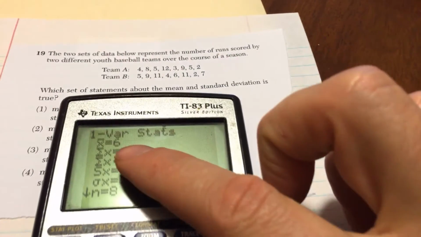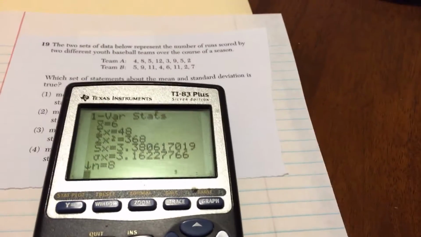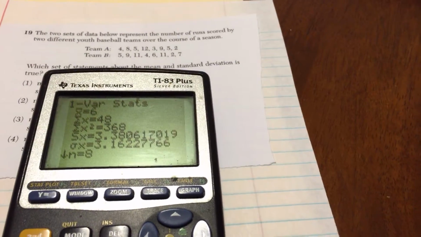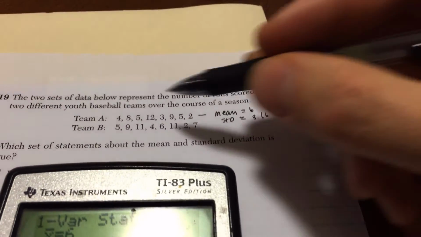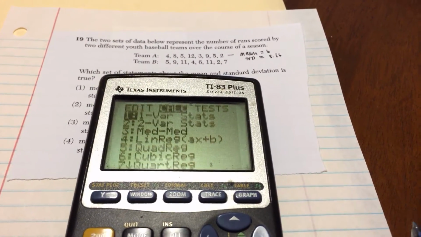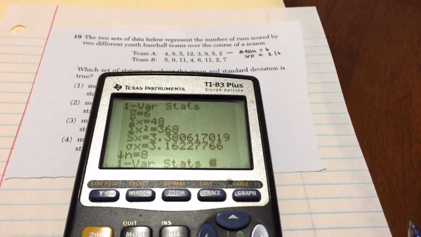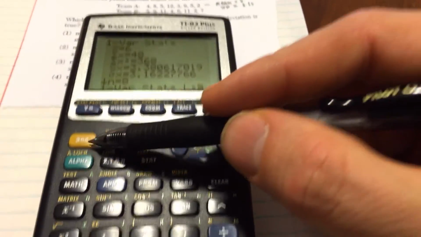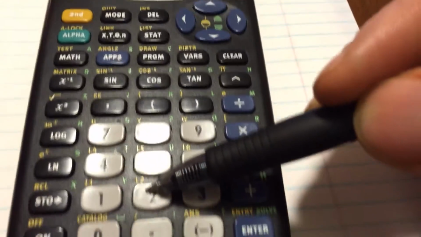In this case, the mean is 6, and the standard deviation is 3.16. I just wrote my information next to Team A. Now I'm going to do the same thing: Stat, 1-Var Stats, but now I have to make sure that I'm telling my calculator that it's L2. I did that by hitting second L2.